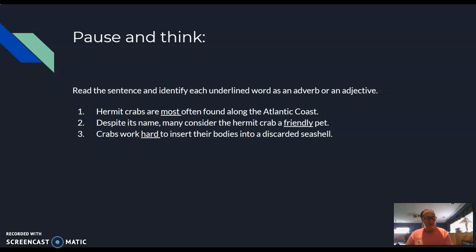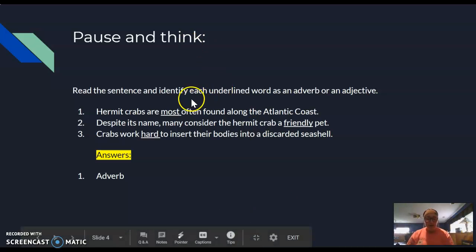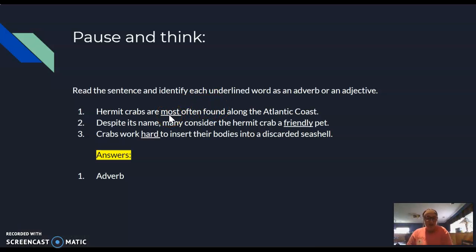All right, hopefully you paused so I can give you your answers. So number 1 is an adverb. Hermit crabs are most often found. So often is an adverb modifying the verb found. Most is one of those adverbs that just gets kind of stacked on there to add more detail. Not only are they often found, but they are most often found. So that is 100% an adverb.